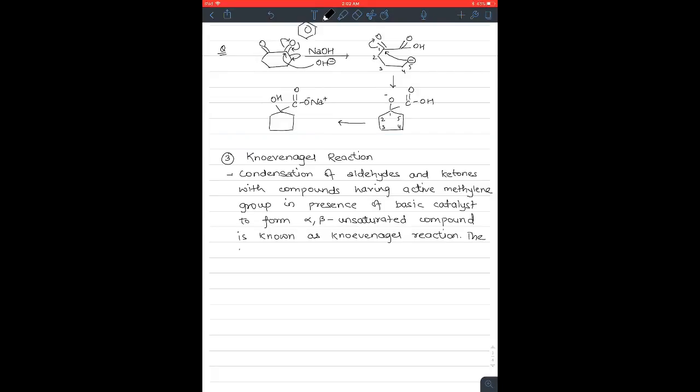The basic catalyst which we are using in this reaction may be ammonia or its derivative. Now let's try to understand the mechanism of this reaction.